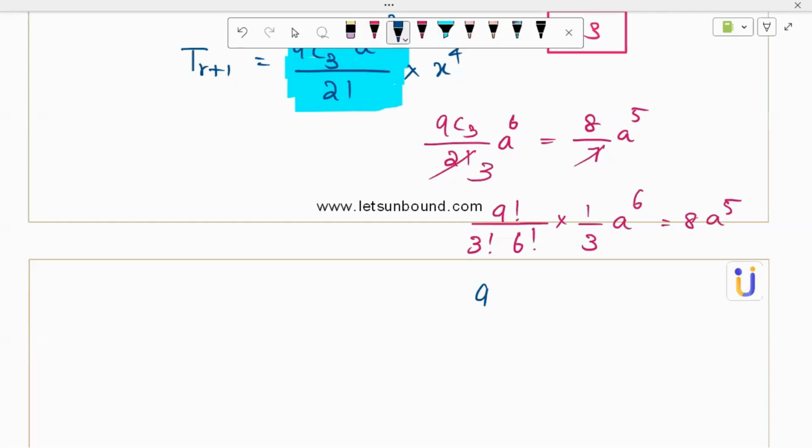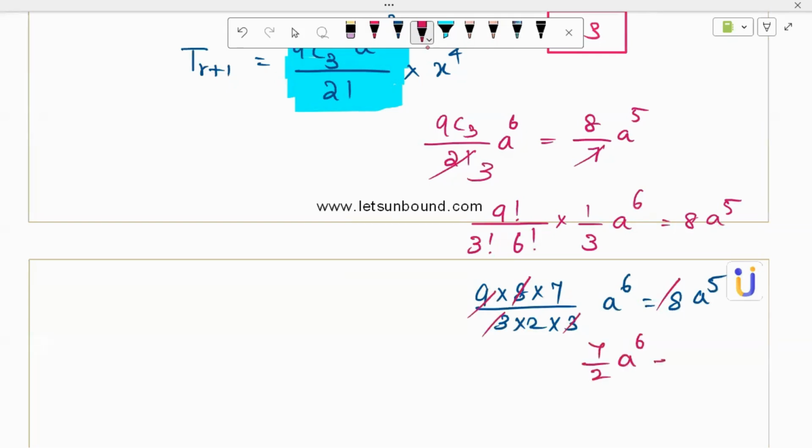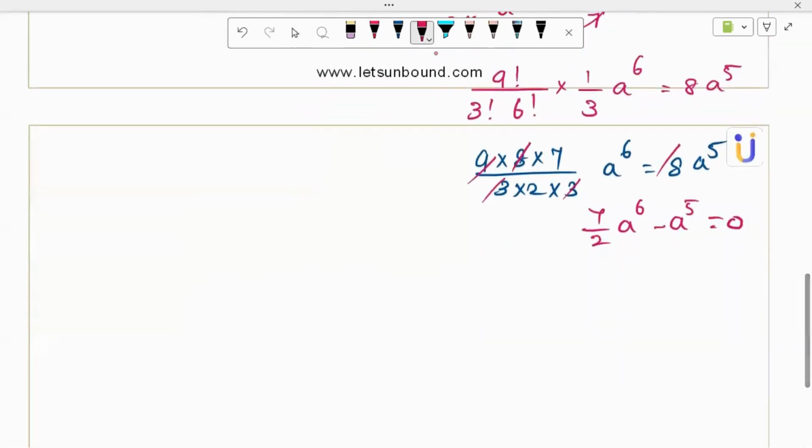So 9 into 8 into 7, and then 6 factorial will get cancelled, that will be 3 times 2, and one more 3. We can cancel the 8s, and 3 threes are 9, we can cancel. So you get 7/2 a⁶ minus a⁵ equals 0. So take a⁵ common: a⁵(7/2 a − 1) equals 0.